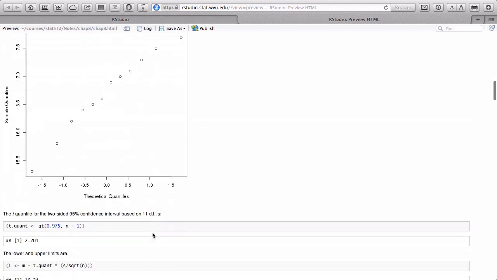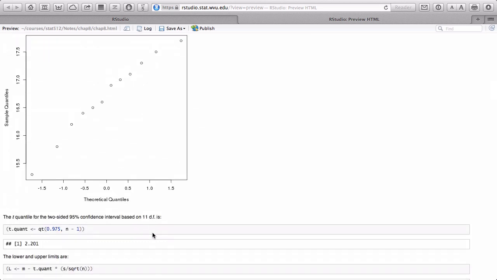In terms of assessing normality, a better thing to do is to look at the normal probability plot, where you're plotting the sample quantiles against the theoretical quantiles of the normal distribution. In fact, you're doing it against the standard normal distribution, which has a mean of 0 and a variance of 1.